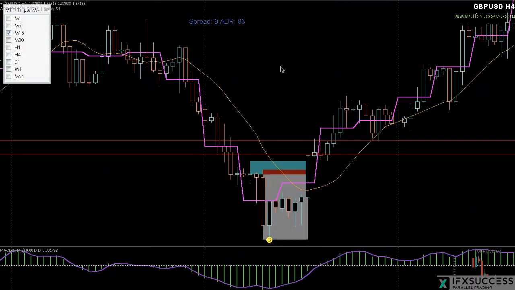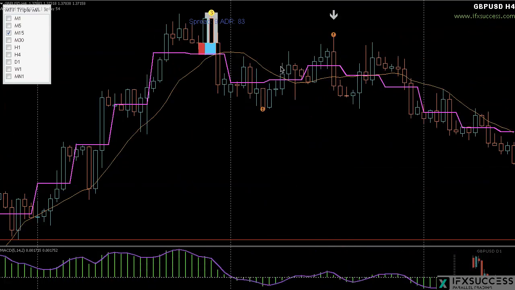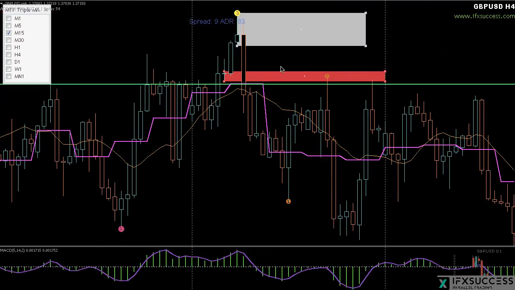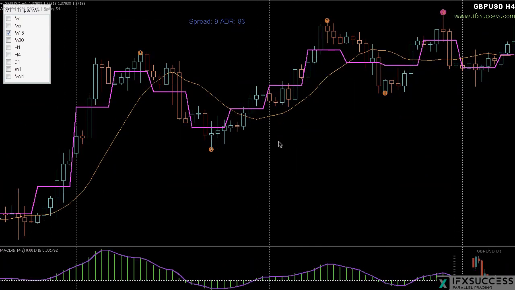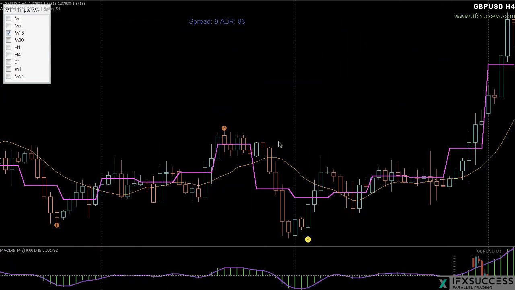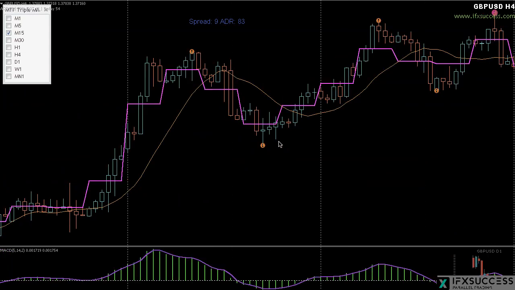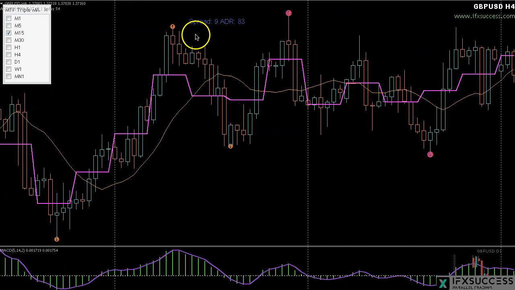So let's find a number 2 cycle on 4 hours. We're looking for something bearish. Right here we did have a bearish block.